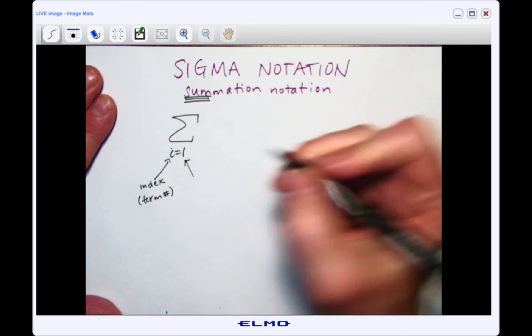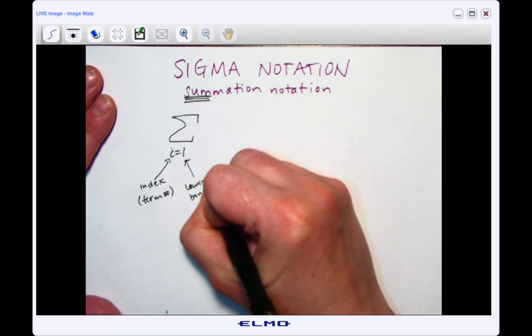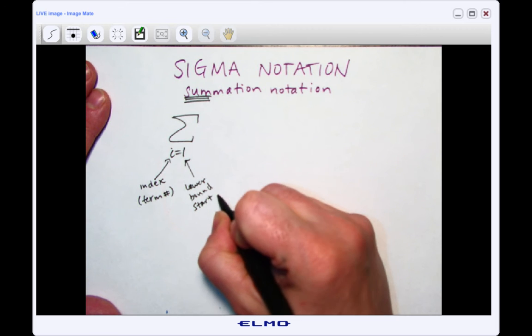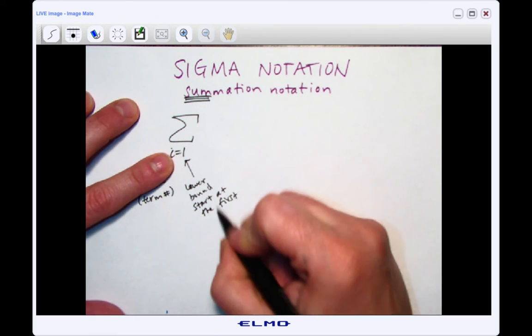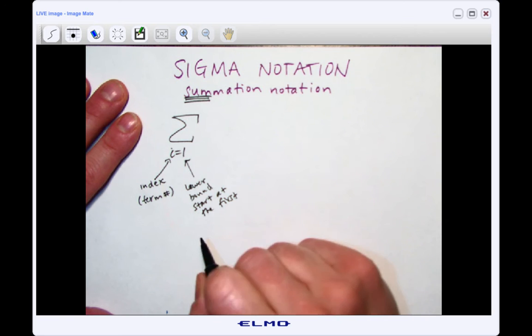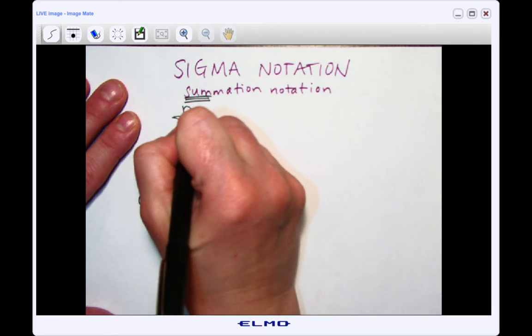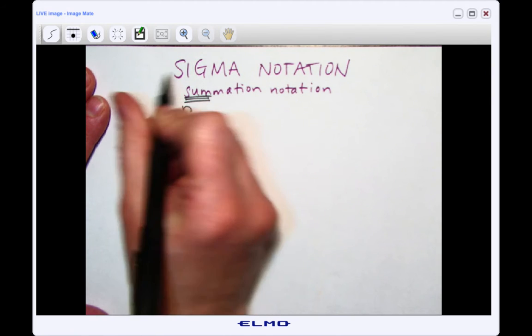This one here tells us the lower bound. So this one tells us to start at the first term. This could be some other number, but this one happens to be saying number 1, so start at the first term. Then up here we usually use N or some other letter. If you use N down here, you've got to use a different letter up here.